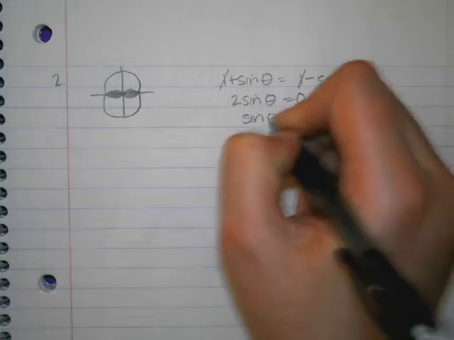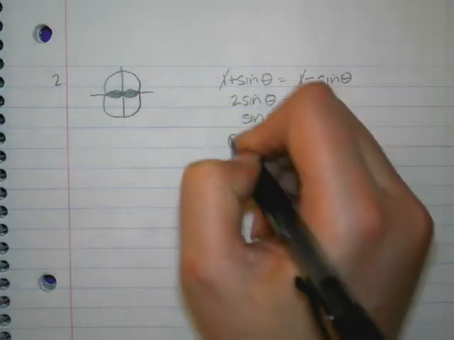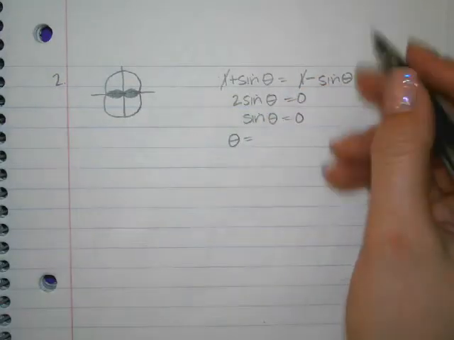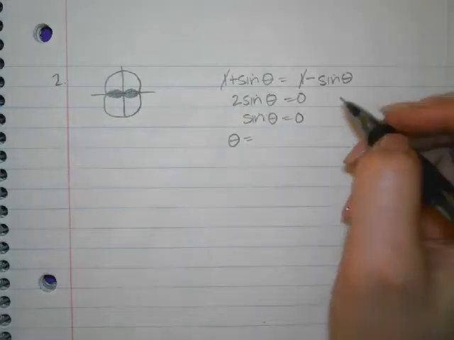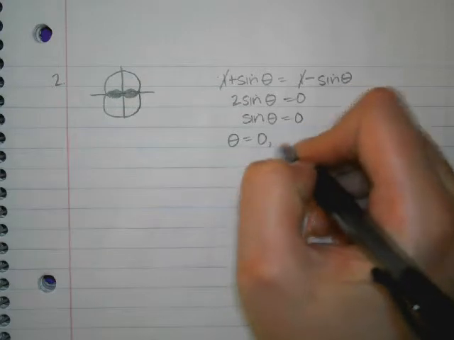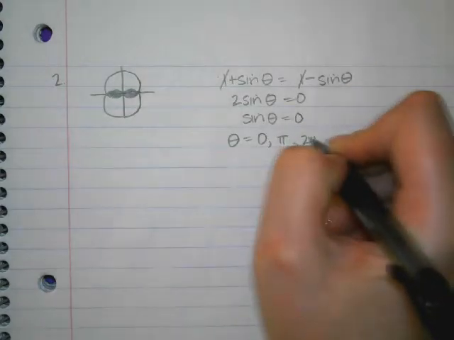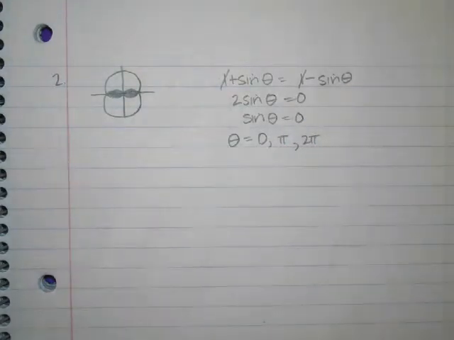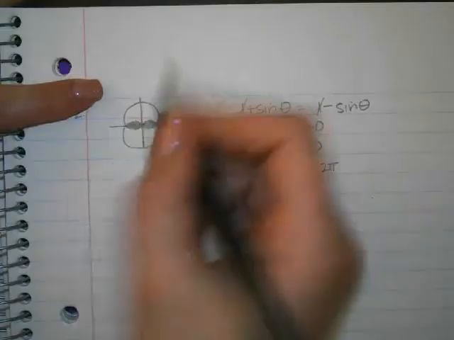So sine theta equals 0, and then what does theta equal? Zero, pi, 2 pi. So that's basically telling us to draw the line right here.